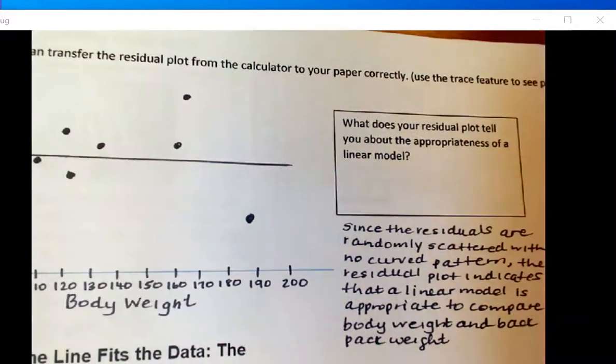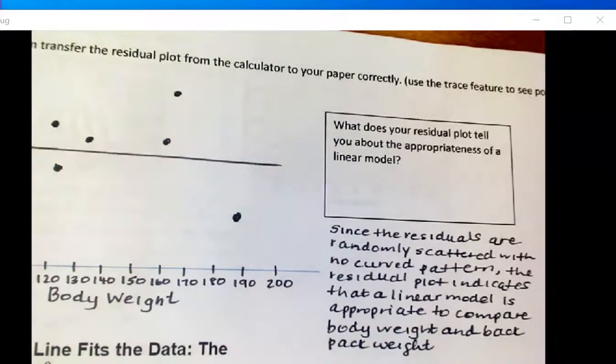Okay, so when you have a residual plot, that's what it helps you to determine.